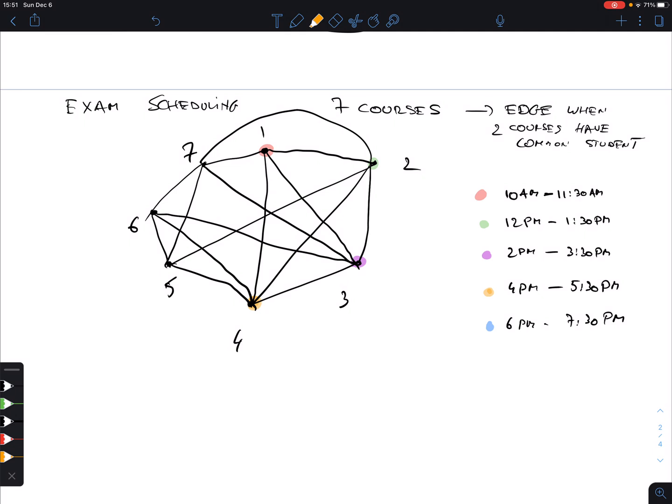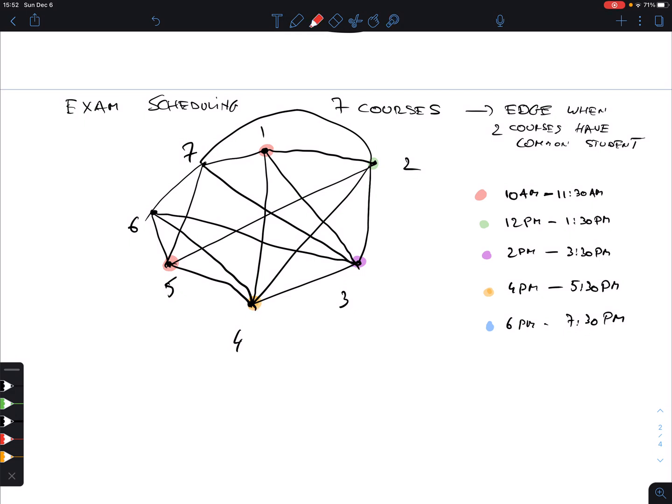So what about 5? Well, 5 connects to the only ones that are colored. The ones that are colored are the green one and the orange one. So I could color it with red. So let's try to color it with red. 6. 6, what does it connect to? Already with a red one, an orange one, and a purple one.